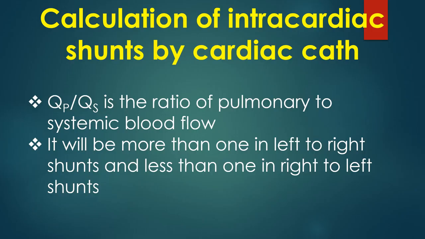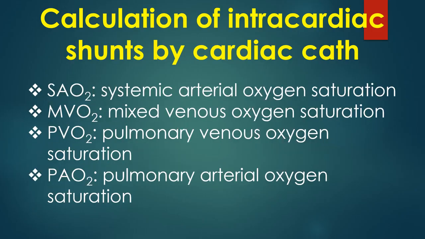It will be more than 1 in left to right shunts and less than 1 in right to left shunts. SaO2 is systemic arterial oxygen saturation, MvO2 mixed venous oxygen saturation, PvO2 pulmonary venous oxygen saturation, PaO2 pulmonary arterial oxygen saturation.